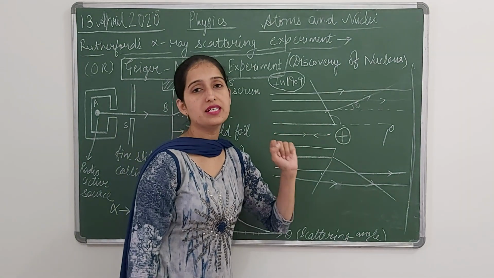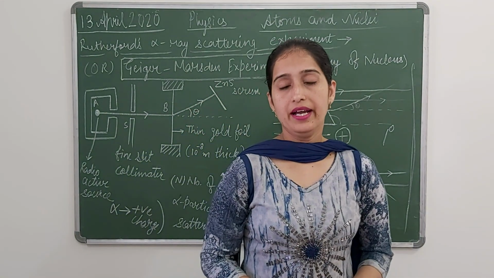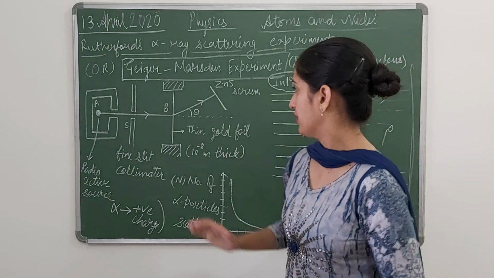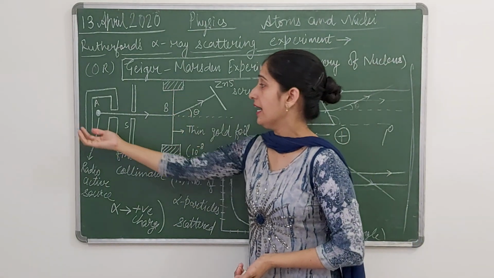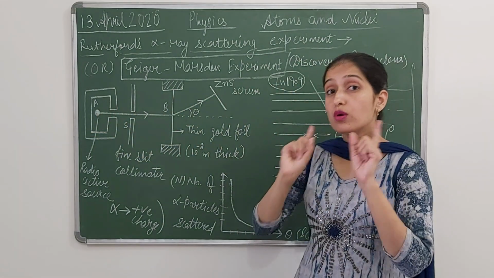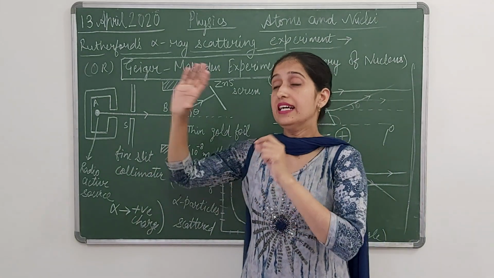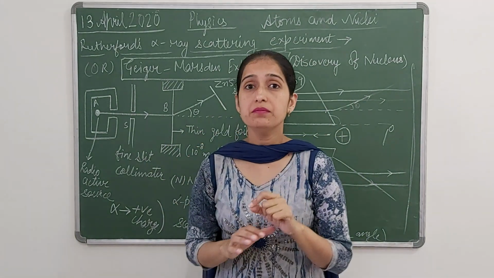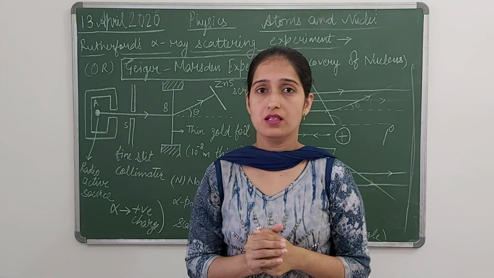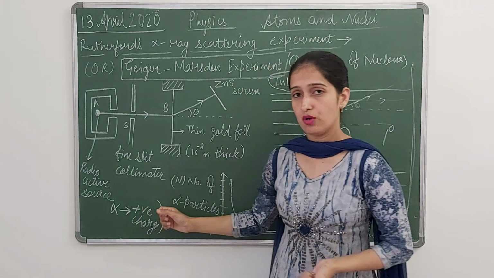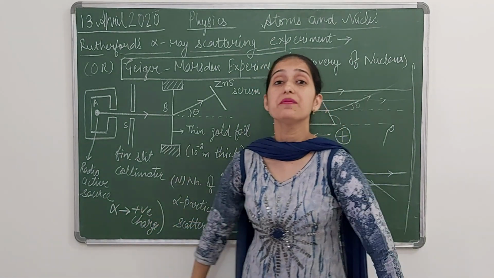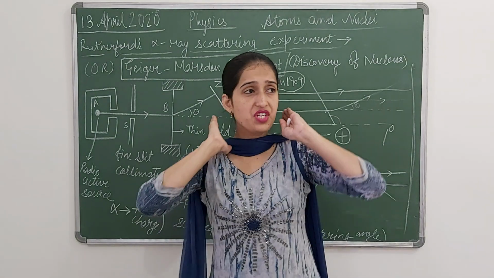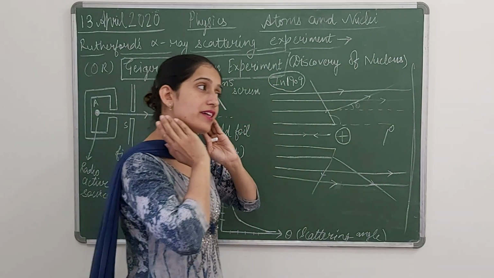So according to these observations, it was considered that gold foil is here and rays are going straight. Most of the rays are going straight. That means in an atom there is a hollow space. Because alpha, as I already discussed, has positive charge. A positive charge is moving straight.